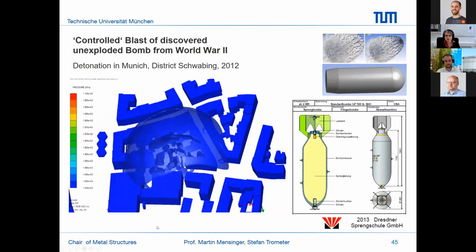And this is also something that was used, I think, in the beginning of this year, also somewhere in Germany, where there was also a bomb. And then, for example, the company Virtual City Systems used this tool there before the detonation, to simulate beforehand which buildings might be affected.